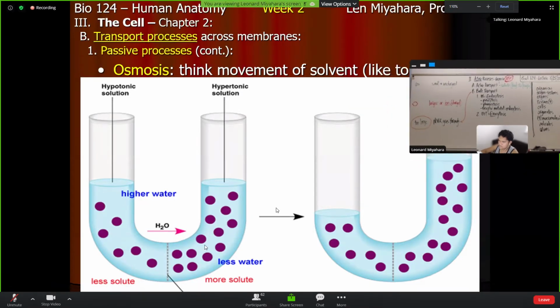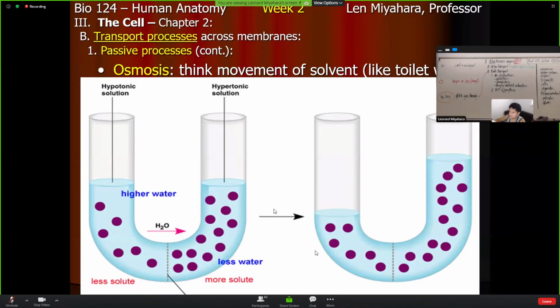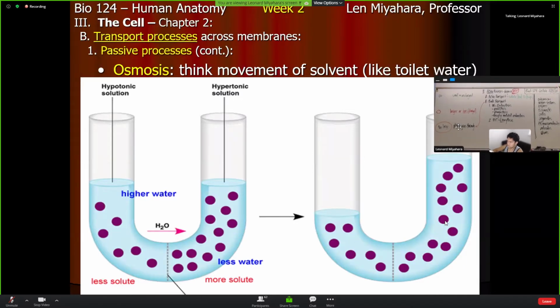But it's following the salt until it is at equilibrium. All right? And to do that, it raises up this column of water on the right side. And in order to raise a column of water up a pipe, you have to generate pressure. And we will call that osmotic pressure.